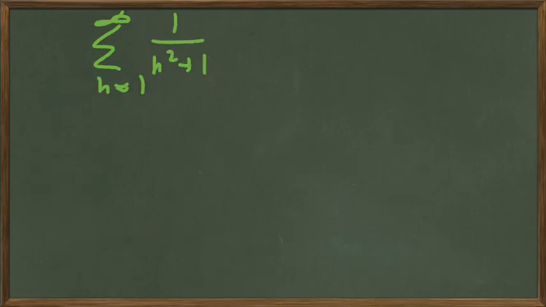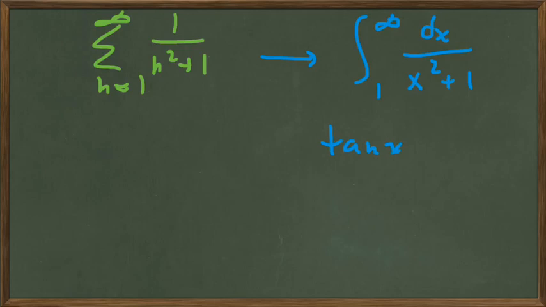So we find the corresponding integral, which is 1 to infinity of dx over x squared plus 1. That is the tangent inverse integral. So it's tan inverse of x between 1 and infinity.